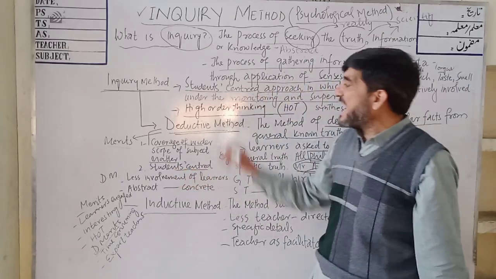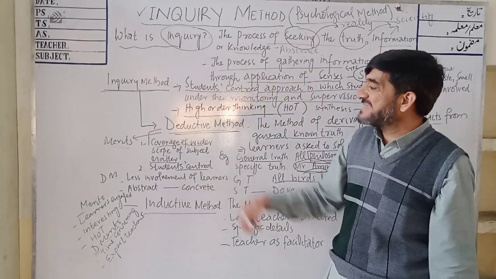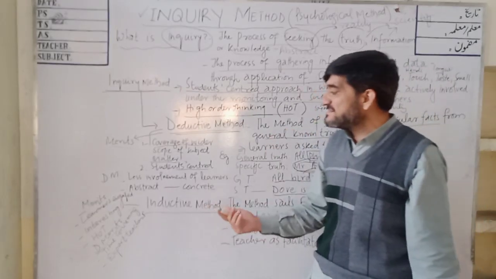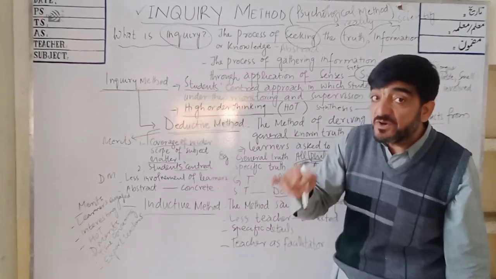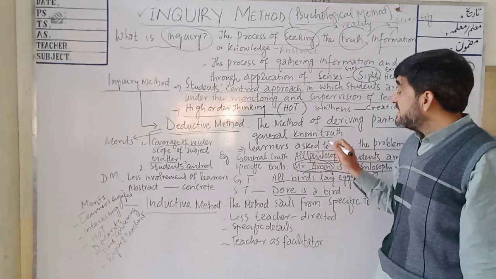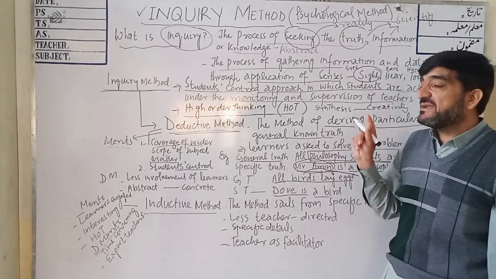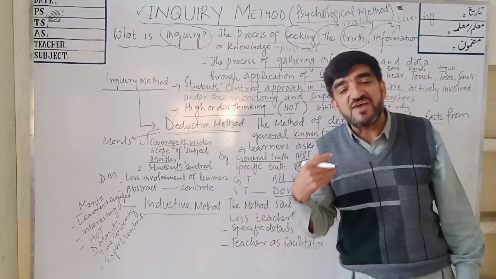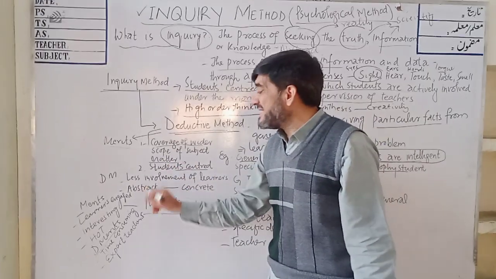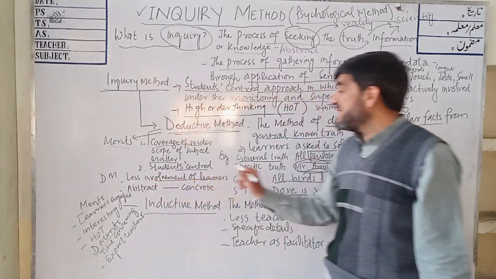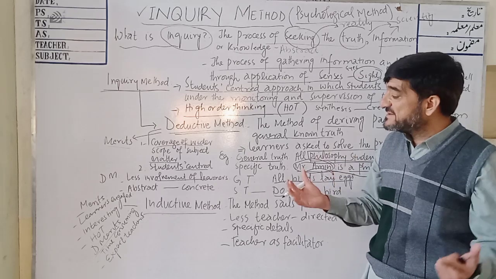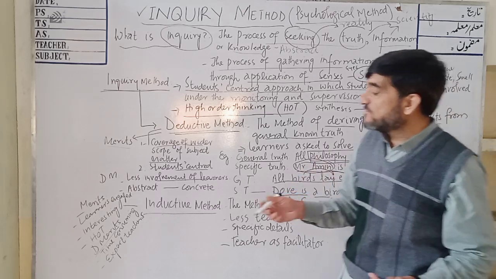The two methods, deductive and inductive, are student-centered but under the supervision of the teacher. Remember, in high order thinking, there is always the need of the facilitation of the teacher. The demerits are less involvement of learners, meaning they are not fully involved.